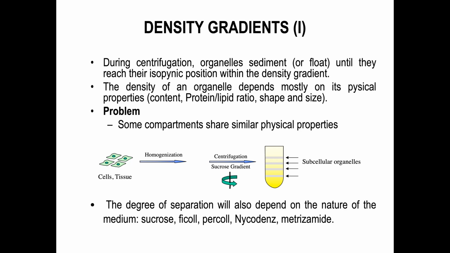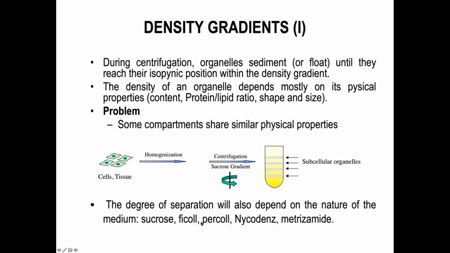The problem I have pointed out at the beginning of the lecture has already been mentioned. Some compartments share, unfortunately, similar physical properties. And therefore, we are using different media for this separation, and you can use sucrose, for example, Ficoll, Percoll.